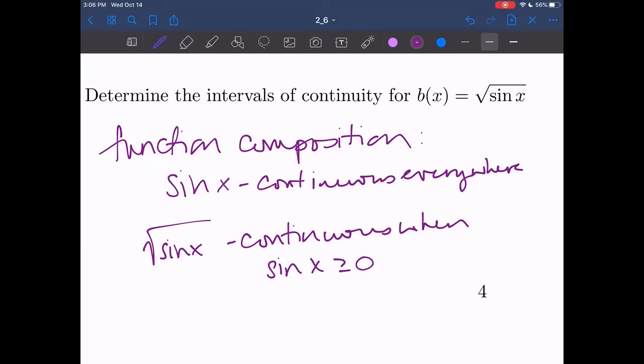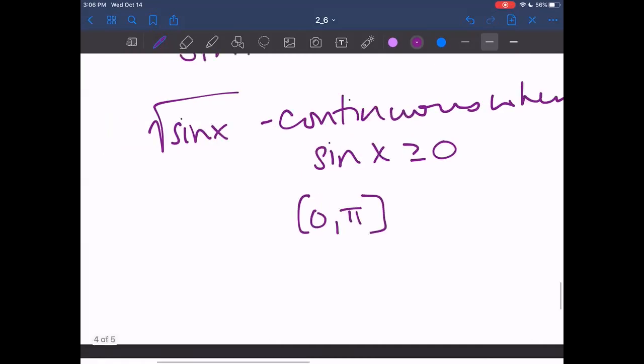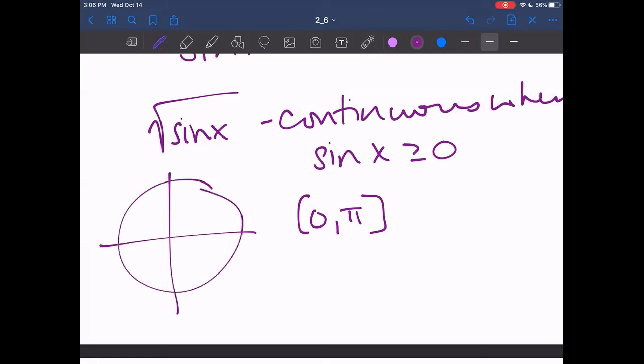Sine of x being greater than or equal to 0 happens on the interval 0 to pi, if we're looking at the unit circle. So it's continuous on this interval from 0 to pi. It wouldn't be continuous on the bottom half, but then it would be continuous from 2 pi to 3 pi.